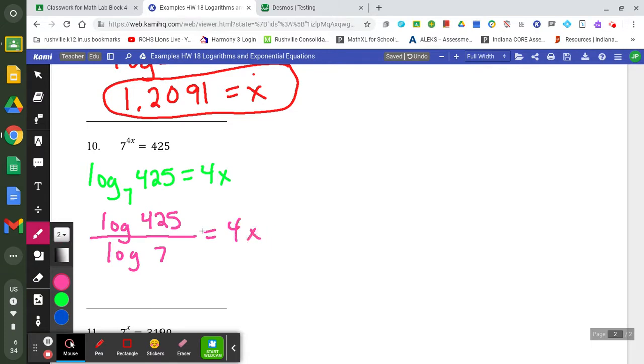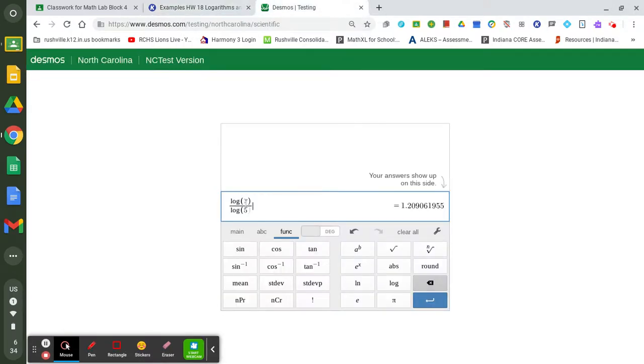So we're going to go back to our scientific calculator. It was log 425 over log 7.